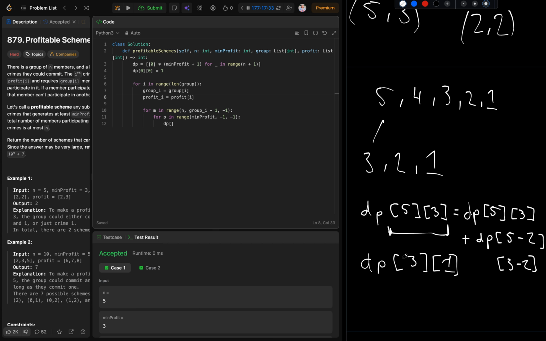So the amount of ways we can get to this, we have to add it to 5, 3, because we can get to 5, 3 from 3, 1 by committing this crime. And we want to do group I minus 1 because we don't want this to be negative, because we can't have negative men.